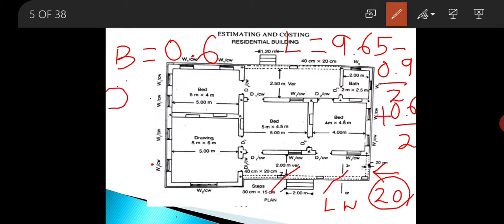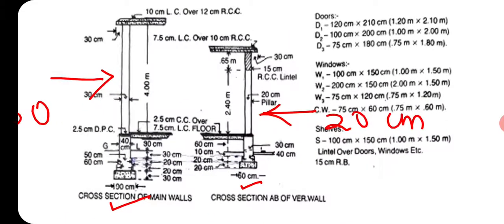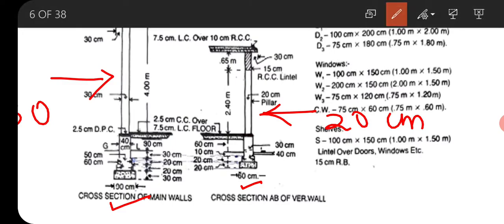Then what about the depth? What is the depth of the excavation? Move to the section of the wall. Here this one is the width, 60 centimeter, and to get the depth you have to go from the ground level, this one is the GL, to the bottom of the foundation.